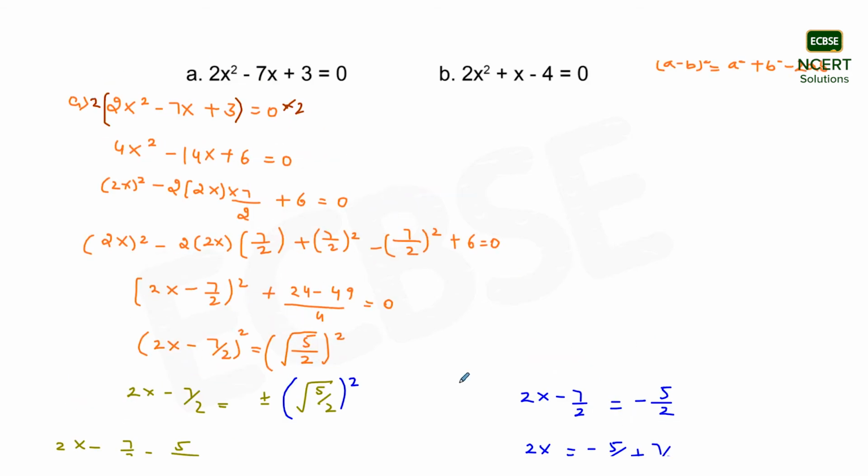That is, I can write the value of variable x as 3 and 1 by 2, which we have obtained by using the squaring method, that is by applying the identity a minus b whole square, right?